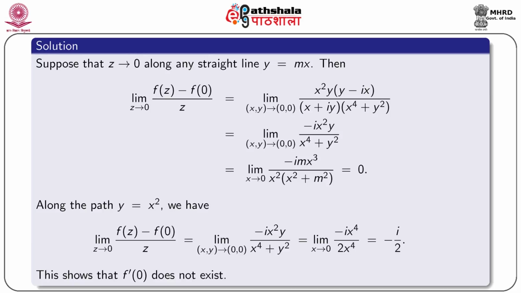So, suppose that z is tending to 0 along any straight line y equal to mx, where m is the slope of that line.